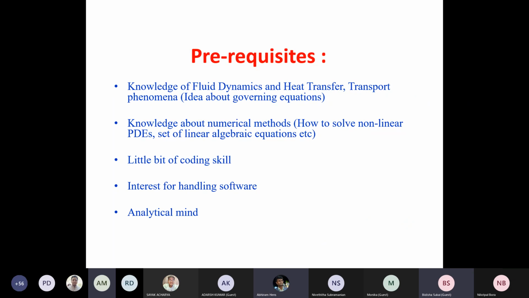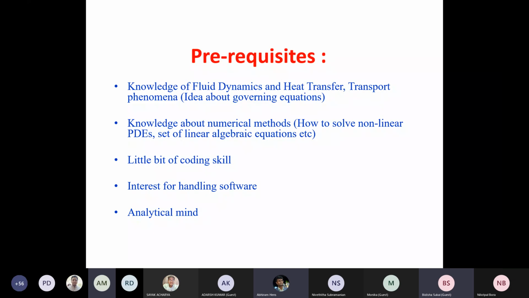Before beginning, let us see what the prerequisites are. For learning CFD, what do you need to know? The first important thing is knowledge of fluid dynamics and heat transfer, and a little bit of transport phenomena.